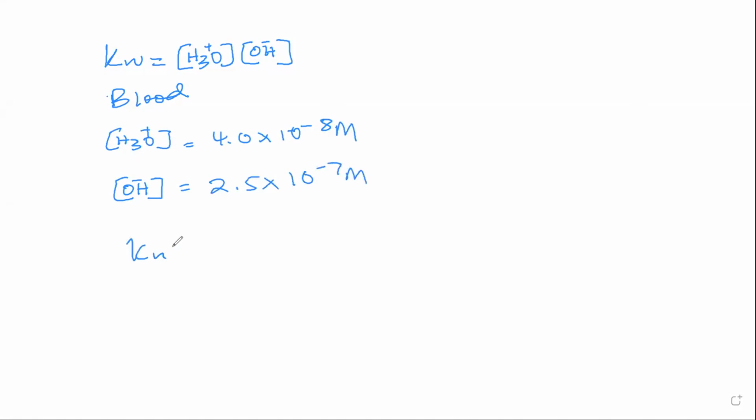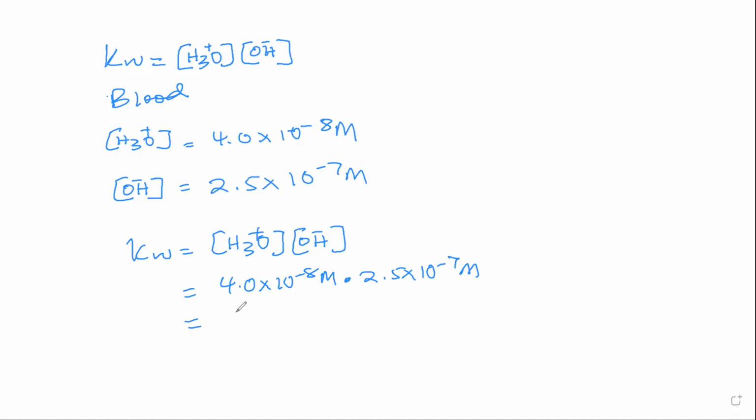So if we plug it into this and multiply it out, 4.0 times 10 to negative 8 times 2.5 times 10 to negative 7 will come out to 1.0 times 10 to negative 14. Many books don't include it, but the unit is molar squared. So that's good to know.